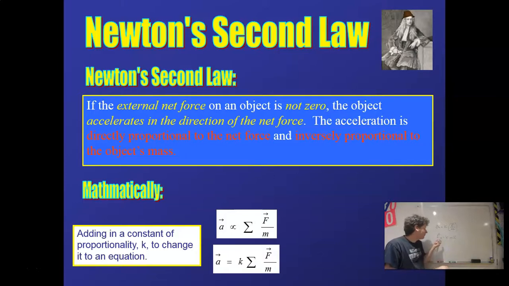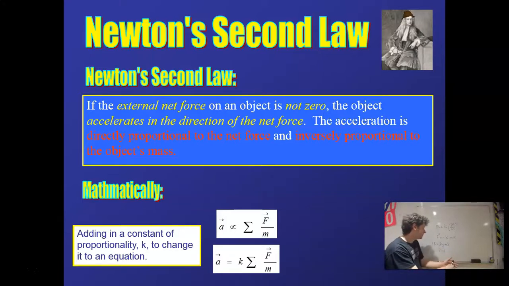We've defined the unit for force to be a newton, and you have to actually define what a newton is. 1 newton is defined as 1 kilogram meter per second squared. Now, if you sub that into your equation, 1, 1, 1, and you solve for k, you're going to get k equaling 1.